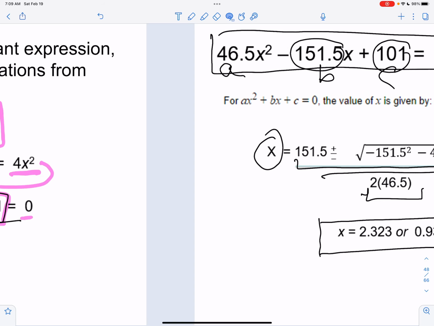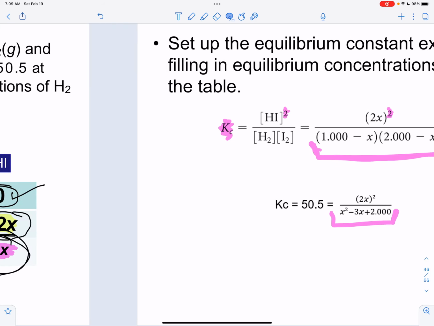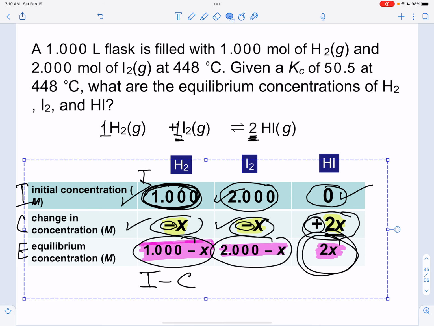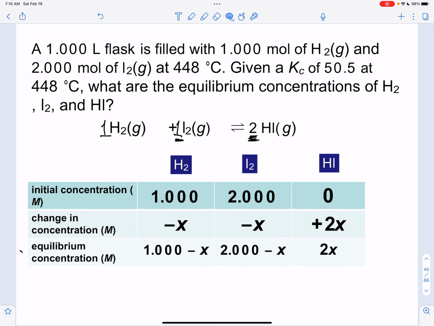Let's go back to the original problem. When we go back to the original problem, we know that our concentration is going to be this. And what did we get from the quadratic expression?